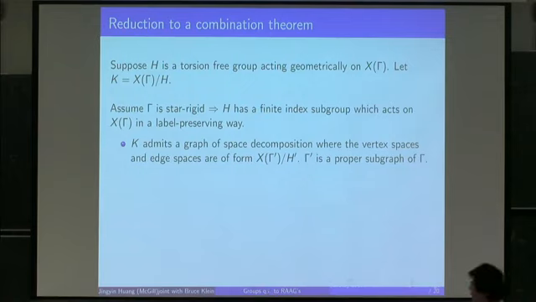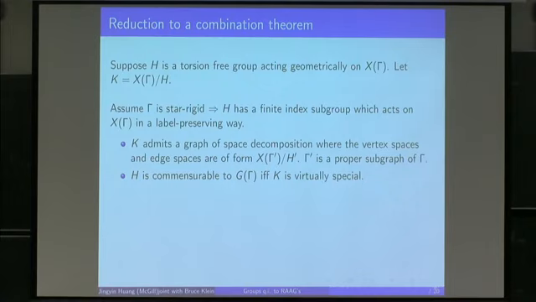And the second observation is that we already know the issue we're going to deal with is this orientation issue, but it's actually quite hard to deal with this directly. It turns out that this orientation issue is exactly equivalent to something that Haglund and Wise studied before. They called it virtually special. It turns out that if H is commensurable to G of gamma, that's the same thing as H has a finite index subgroup which preserves orientation. So this is equivalent to K satisfying a combinatorial condition called virtually special. So let me remind you what is virtually special.